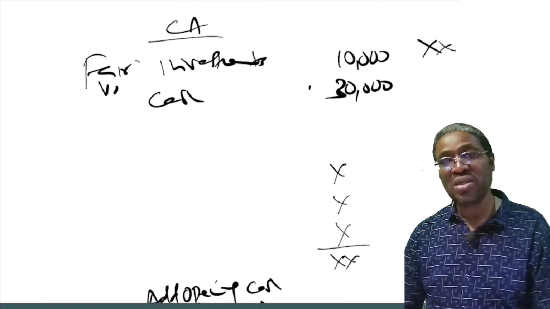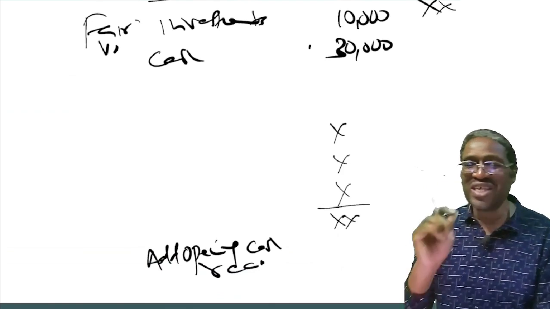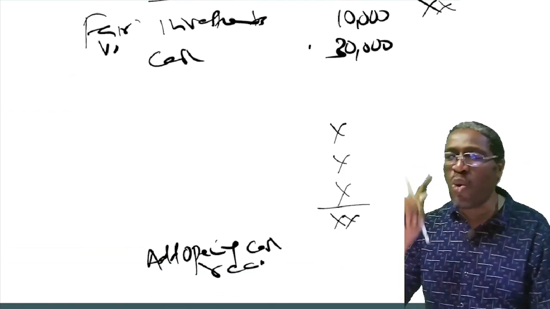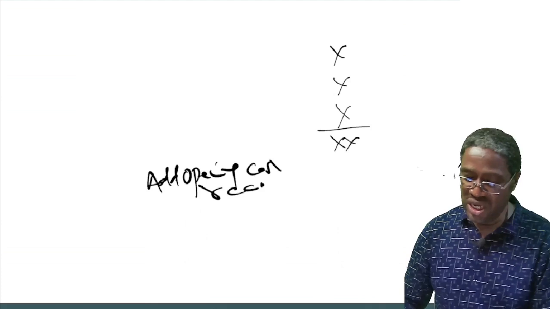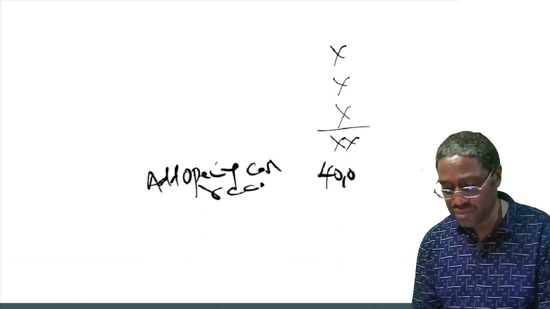It is 40. That's why we say cash and cash equivalent. So here we will bring in 40.